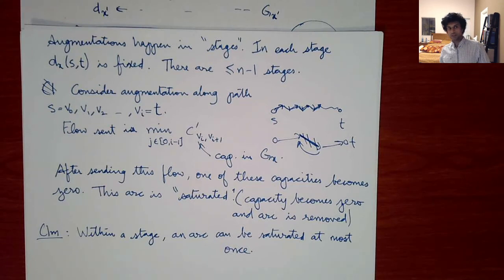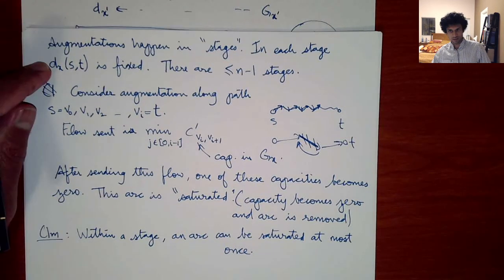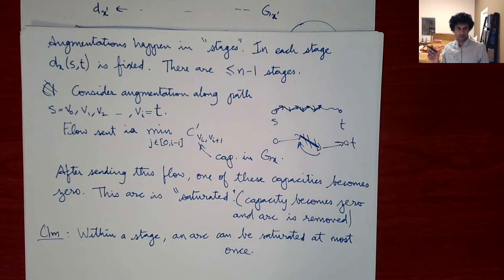That would be one guess, but that's an exponential number. You can do better. An arc can be saturated at most once in a stage, and in a stage D from S to T is fixed, so the shortest path distance is the same. The way to think about a stage is that the shortest path distance, as you do the augmentations, is monotonically non-decreasing: it either stays the same or goes up. Within a stage, an arc can be saturated at most once.